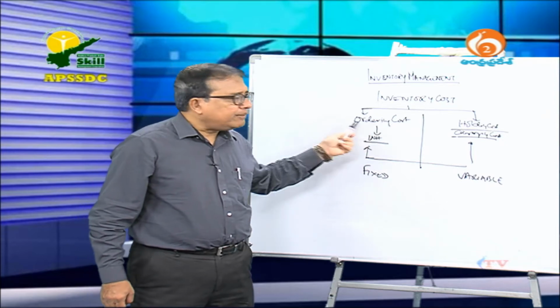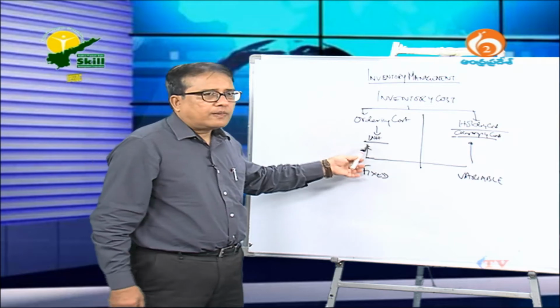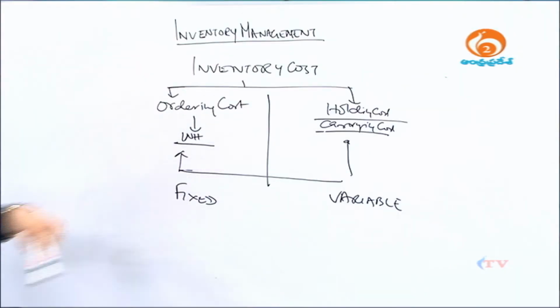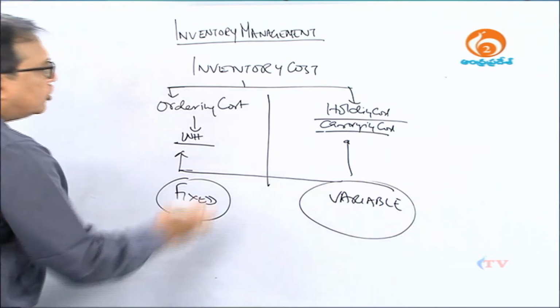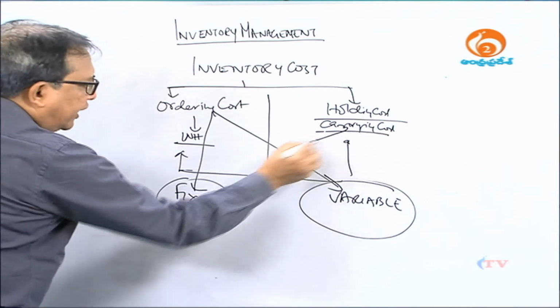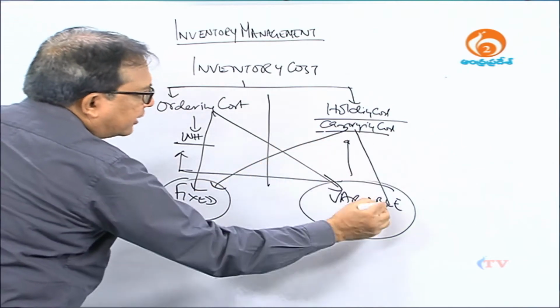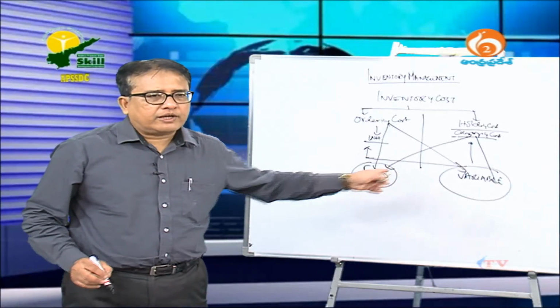So, similarly there are different types of costs which can be termed as either fixed or variable. Ordering cost has both variable and fixed components, and holding cost also has both fixed and variable components. Just look at this image for a while.